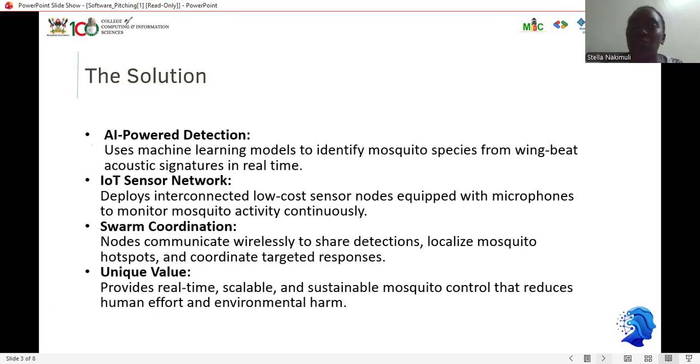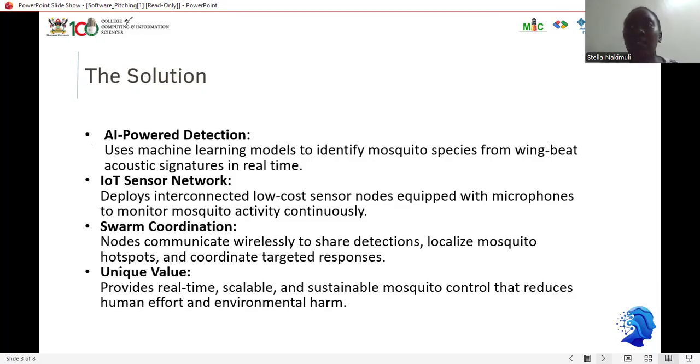In our solution, first of all, we looked at AI-powered detection, where we use machine learning to train models that can ably detect the mosquitoes which cause malaria, mainly by using their wing beat acoustic signatures in real time. Then we looked at IoT sensor networks.